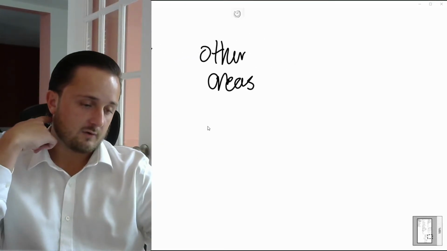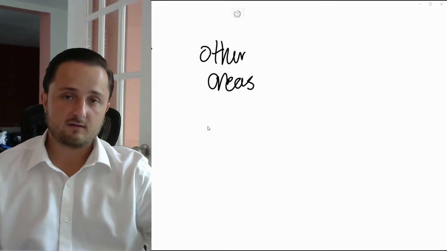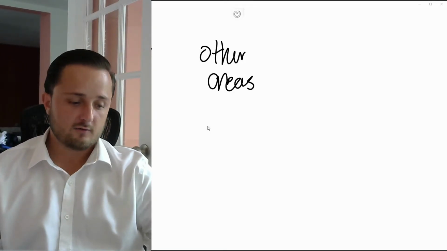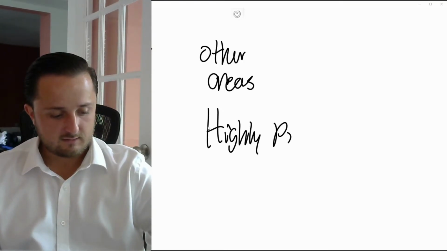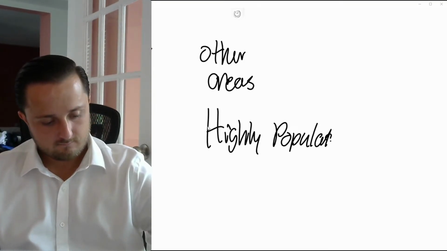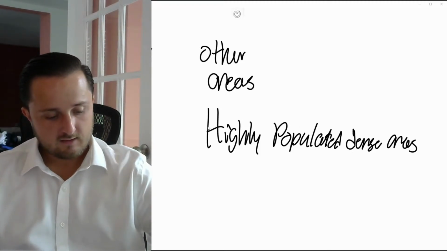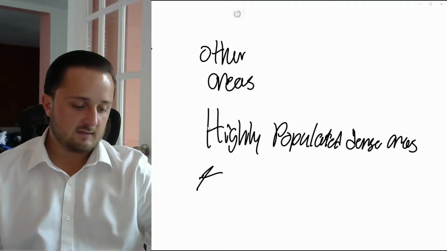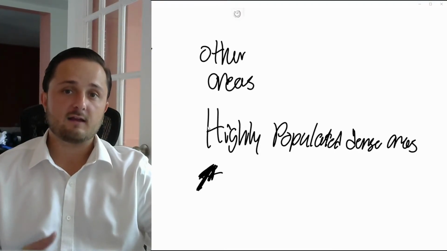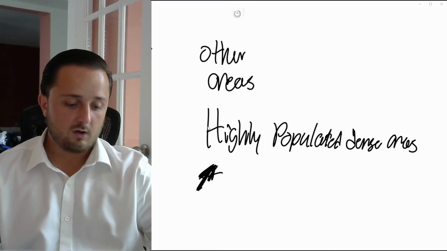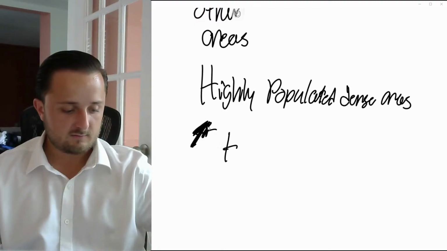Something I'll do whenever I get a new client is not only look in your local competitive area, I also want to look at other highly populated, dense areas, because I want to see, in these super competitive environments, what are other people in the same niche doing to rank?